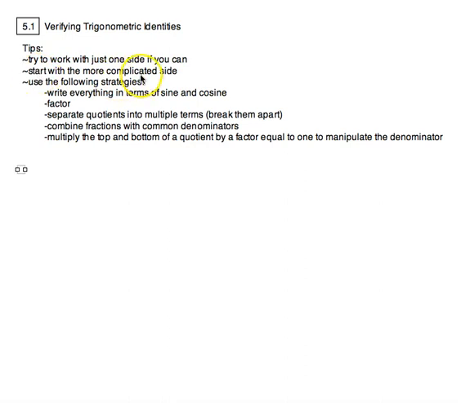I almost always try to start with the more complicated looking side and manipulate it until it looks like the more simple side. Then I have some general strategies that you're going to see me use. I'm going to do a lot of examples here so that hopefully you see how we use these.